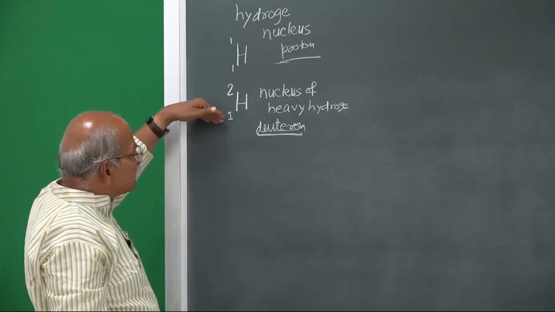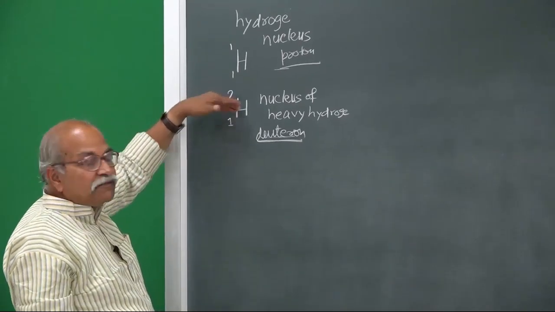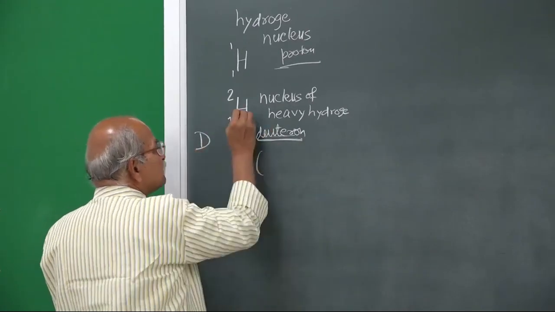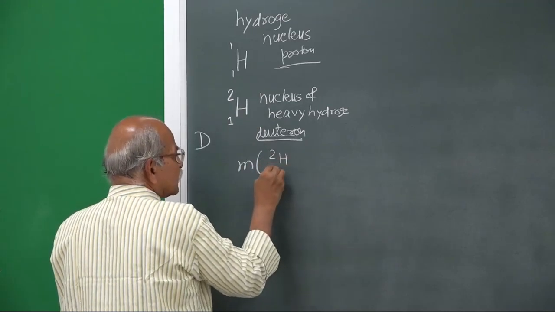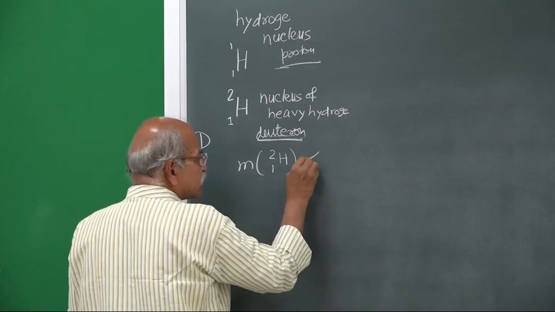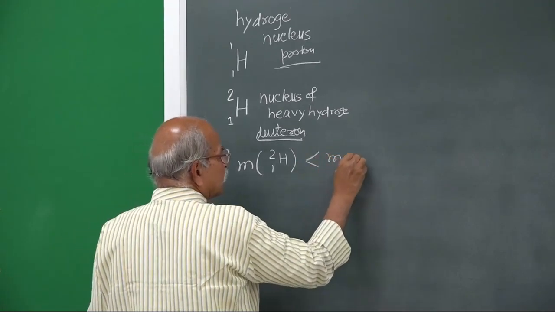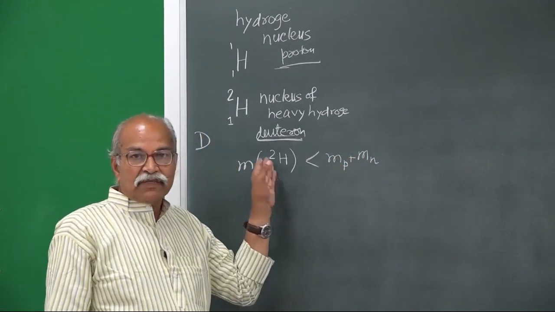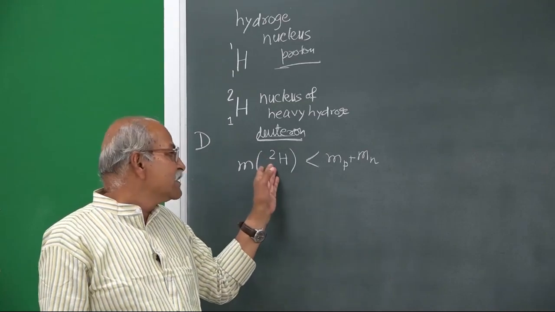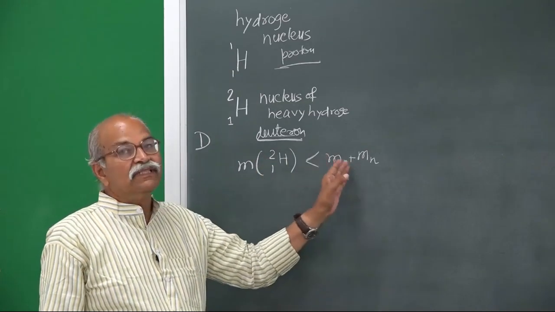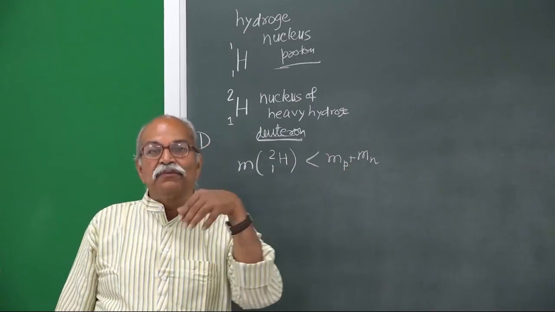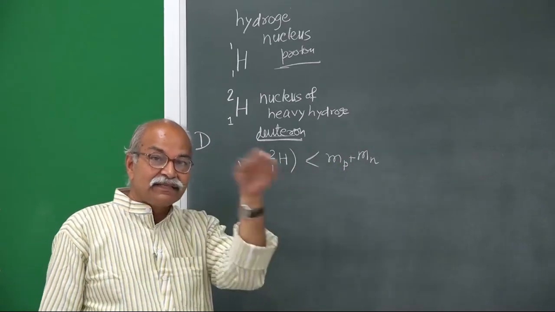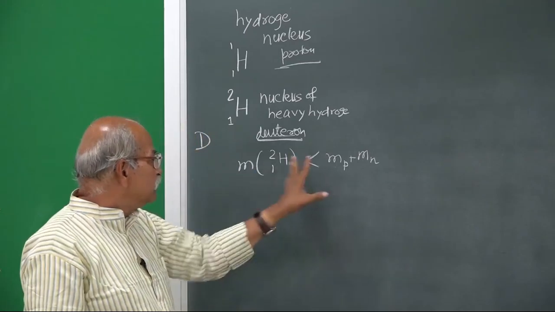In deuteron you have 1 proton and 1 neutron, but the mass of this deuteron, we also write it D, the mass of this deuteron nucleus is less than the mass of proton plus the mass of neutron. It contains 1 neutron and 1 proton, but still its mass is less than the sum of the masses of these two, and the difference is about 2.2 mega electron volt per c square, divided by c square. Mass is energy divided by c square. So, that is how things work.